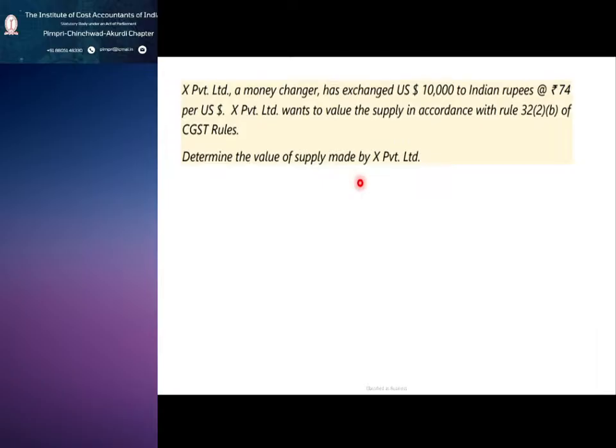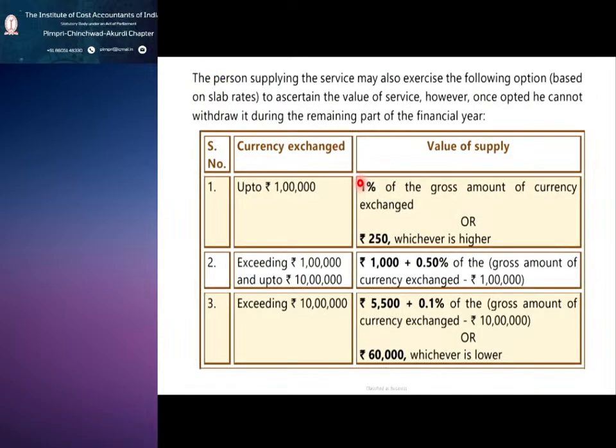So first option is what? 10,000 into 74, right? 7,40,000. So in which category are we following? Exceeding 1 lakh and up to 10 lakh category. So exceeding 1 lakh, what is the formula? 1000 plus 0.5 percent.